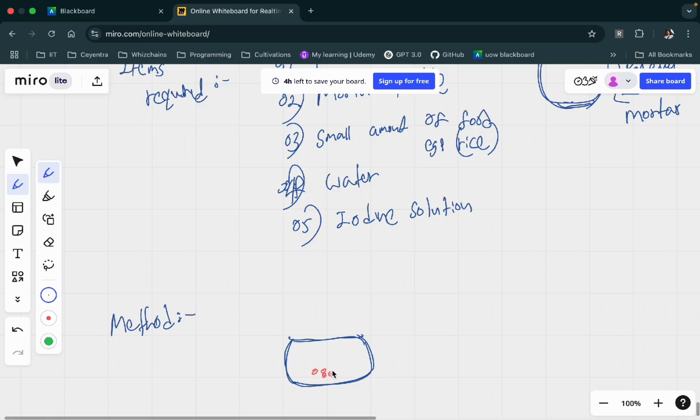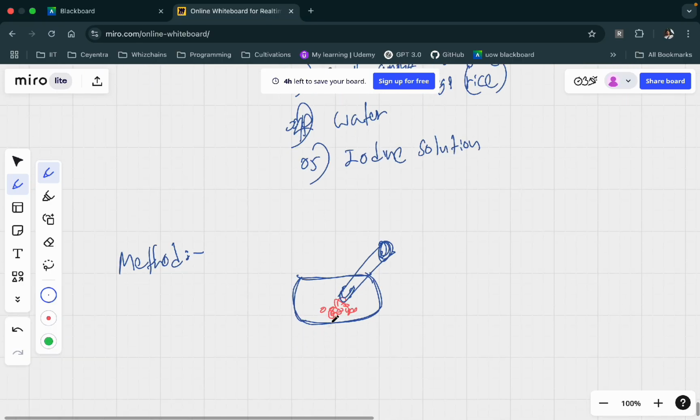Put some rice into it, and you need to grind it well with this pestle. And once you grind it, you need to add water also, a small amount of water, not a very large amount, to make it easy to grind. Grind කරන එක පහසු කරන්න water චුට්ටක් දාන්න.